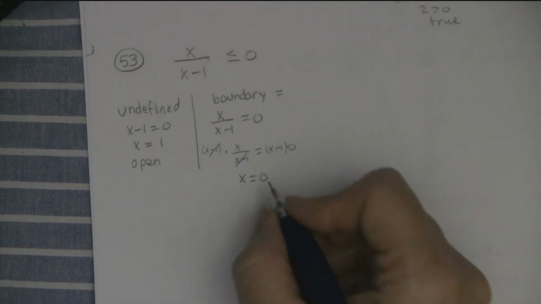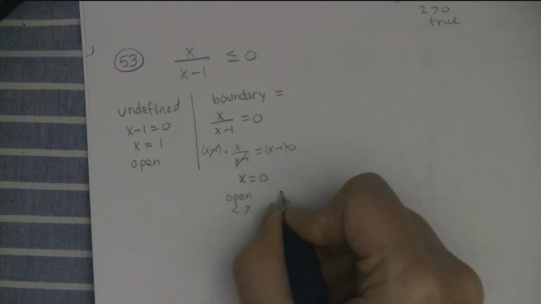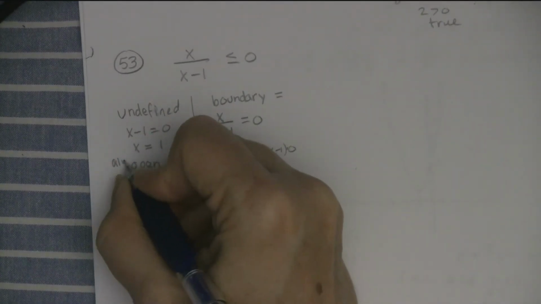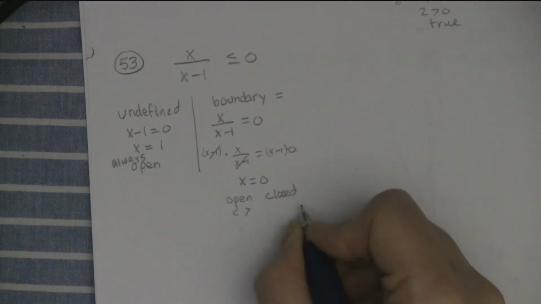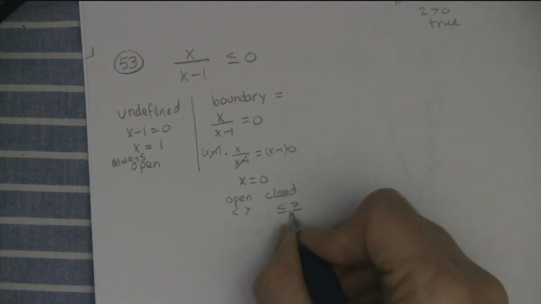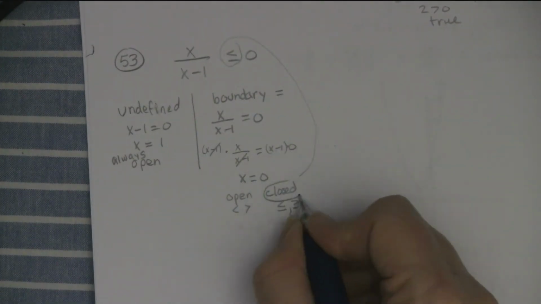The boundary is open if I have greater than or less than, and closed if I have greater than or equal to or less than or equal to, but the undefined is always open. So these are going to be closed.